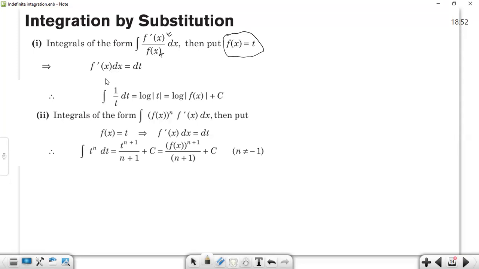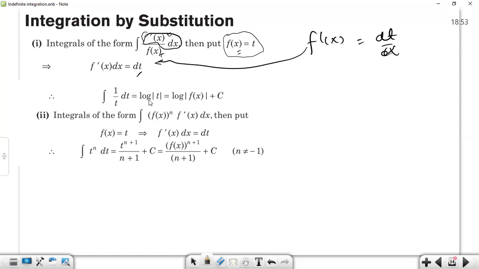So dt by dx is equal to f dash of x, right? Further dx can be multiplied to the left hand side. So now we have substituted f dash of x into dx as dt, and f of x is t. So now it is a simplified version, right?